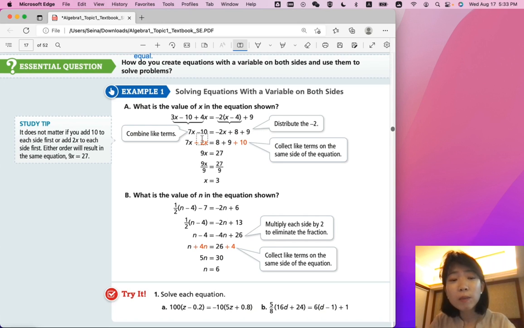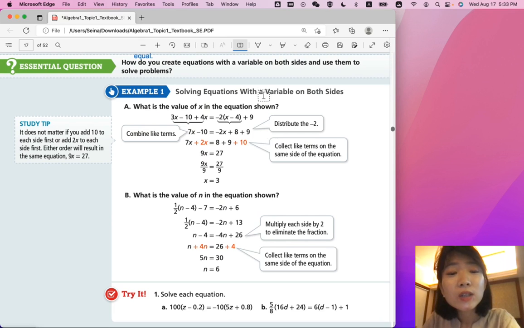So make sure you combine the like terms. X terms could be combined together, so 3 and 4 could be added together. And you can use the distributive property to solve for the parentheses. So distribute the -2 by multiplying -2 with x and -4. So it becomes -2x plus 8.